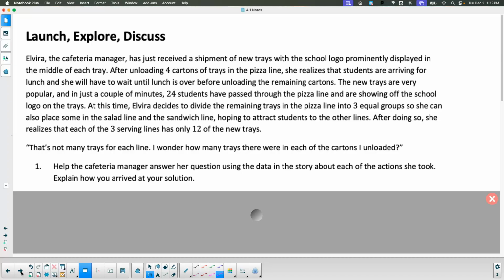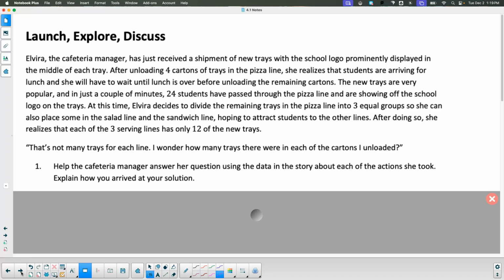Let's talk about Elvira, the cafeteria manager, who has just received a shipment of new trays, with the school logo prominently displayed in the middle of each tray. After unloading 4 cartons of trays in the pizza line, she realizes that students are arriving for lunch and she will have to wait until lunch is over before unloading the remaining cartons.